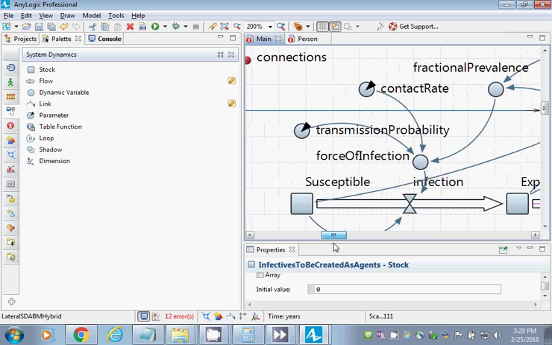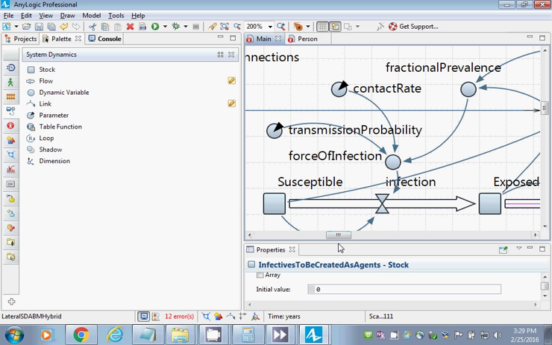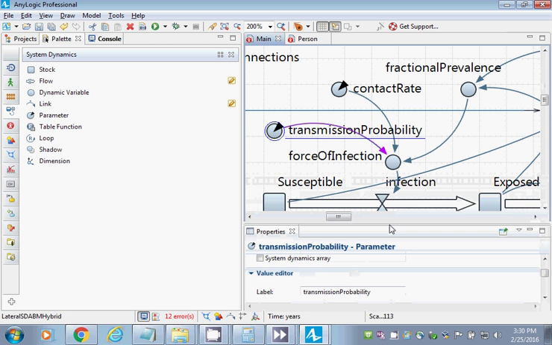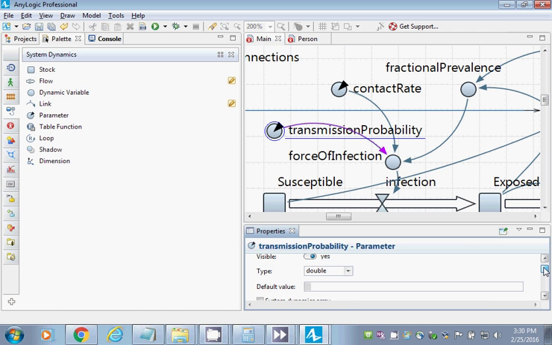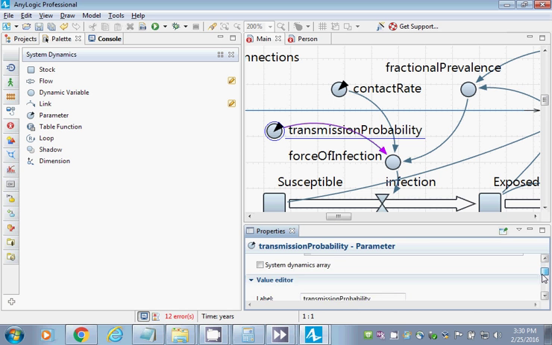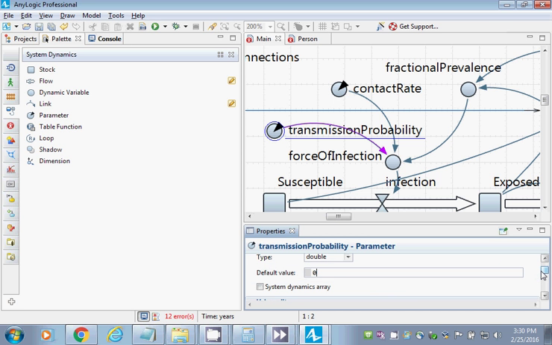The transmission probability is the chance per discordant contact. So for a given contact between a susceptible and infective, what's the chance the infection will be transmitted? Mean latent period, ladies and gentlemen, I'd like to make it 10 days. So this will be of type time, it'll be in days, and it will be 10 days.